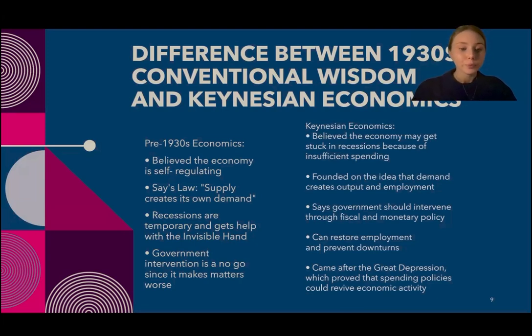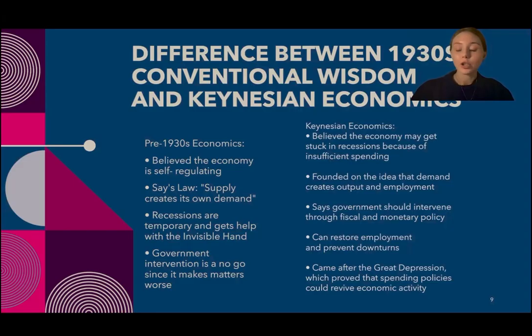The key difference here is that in the pre-1930s, the economy was thought to be self-correcting, and Say's law says that supply creates its own demand, and that the government should stay out of it, and everything would just go back on its own.